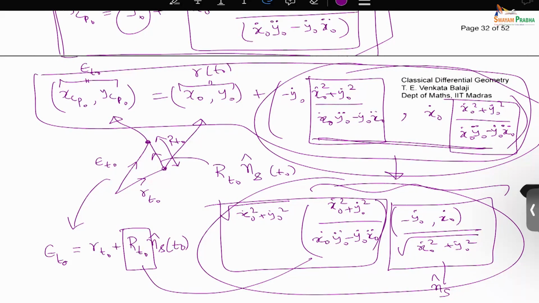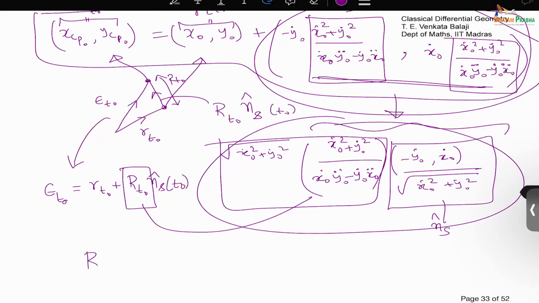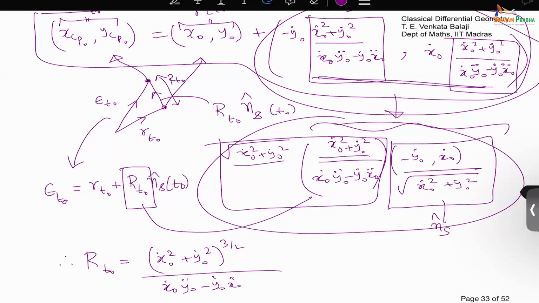Everything matches, and therefore the radius of curvature at T naught is exactly, so you see this is a power half, this is a power 1, so it is x naught dot squared plus y naught dot squared to the power of 3 by 2 divided by x naught dot y naught double dot minus y naught dot x naught double dot, but there is a small glitch.